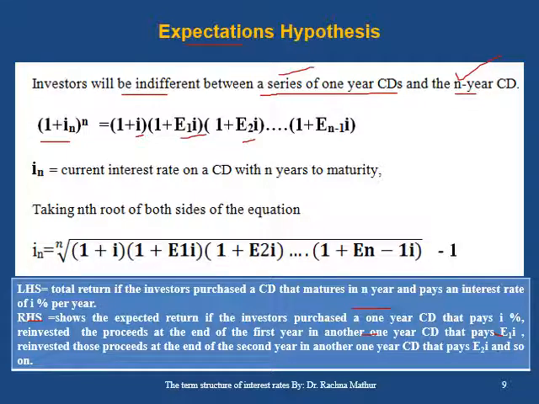So this is a series of 1 year certificates of deposit, and this is the n year certificate of deposit return. Now IN is the current interest rate on a certificate of deposit with n years to maturity. Taking the root on both sides of the equation, the resultant equation is this for the expectations hypothesis.